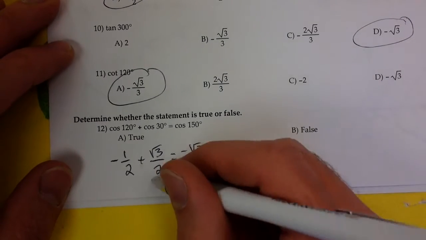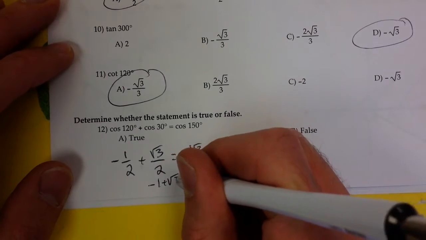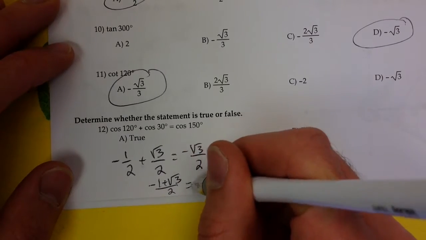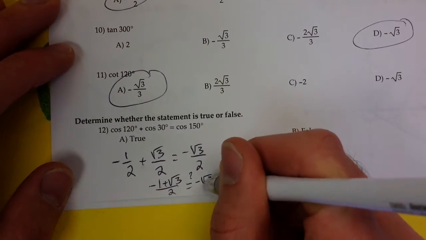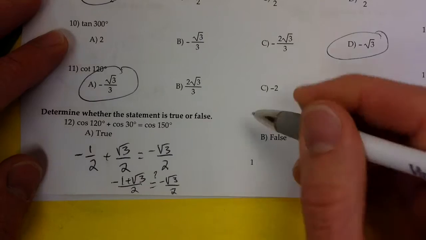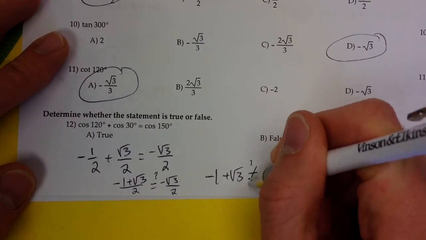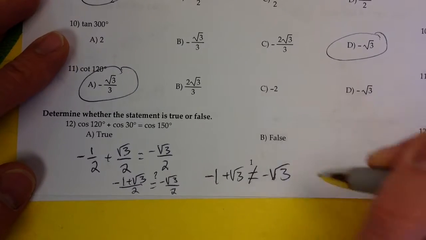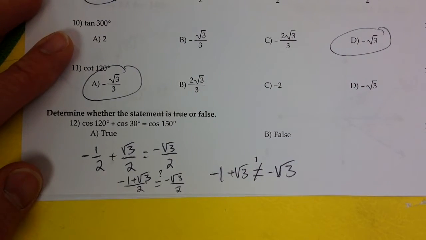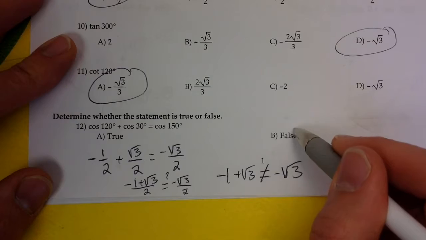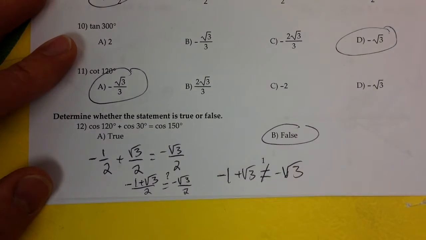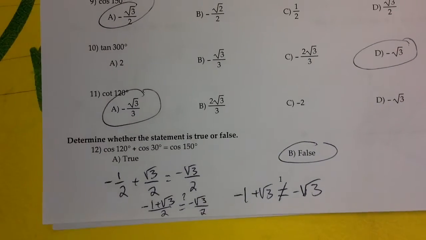Right? It's negative 1 plus root 3 all over 2. And negative 1 plus root 3 does not equal negative root 3. Therefore, false. Any questions on 12?